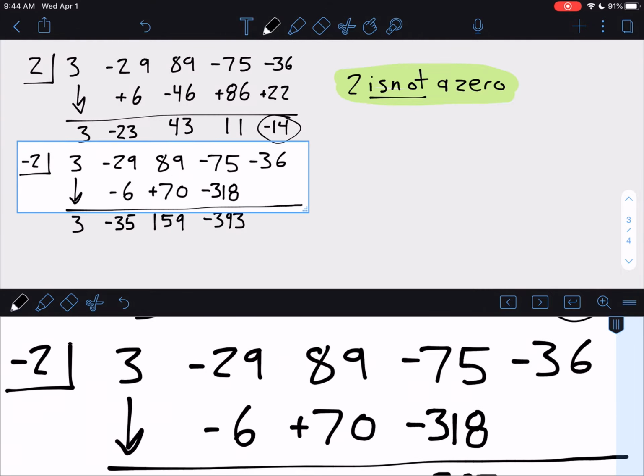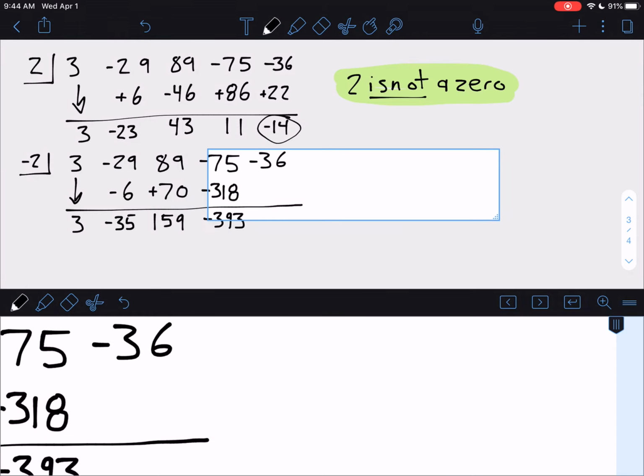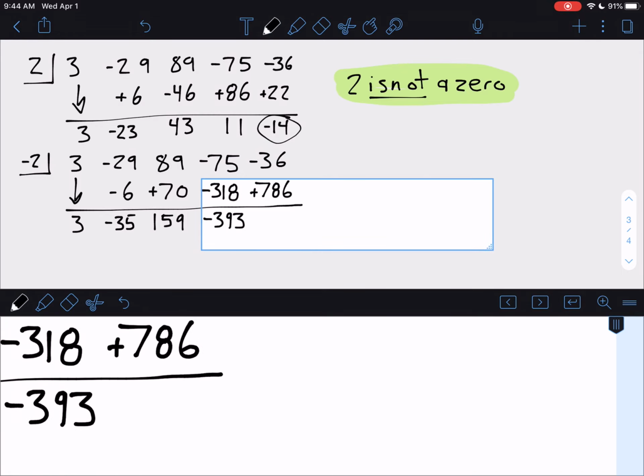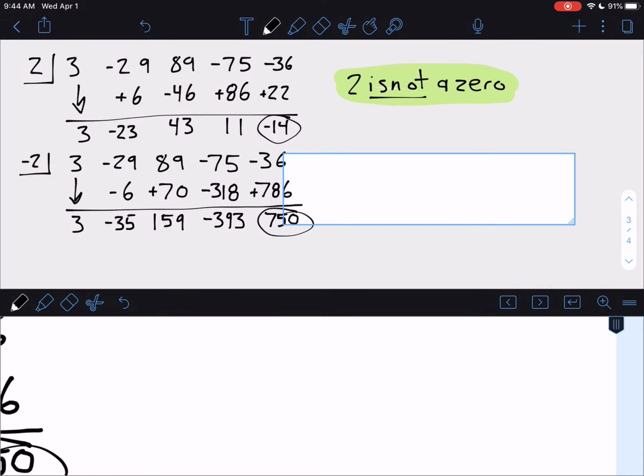And negative 2 times negative 393 is going to be positive 786. Negative 36 plus 786 is 750. And very clearly, 750 is not 0, which means negative 2, there's no way that's a 0. So negative 2 is not a 0.